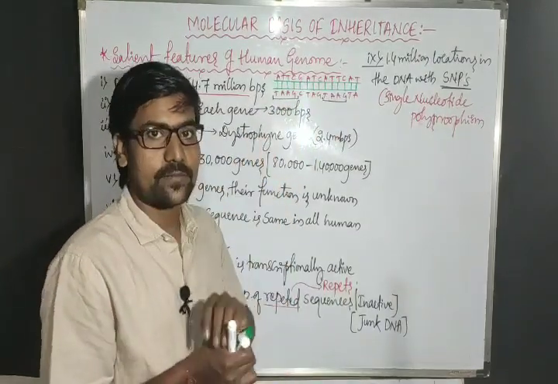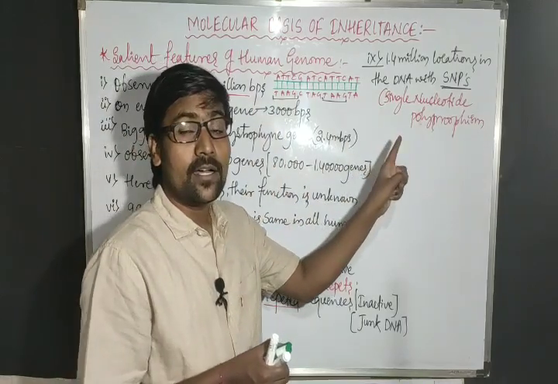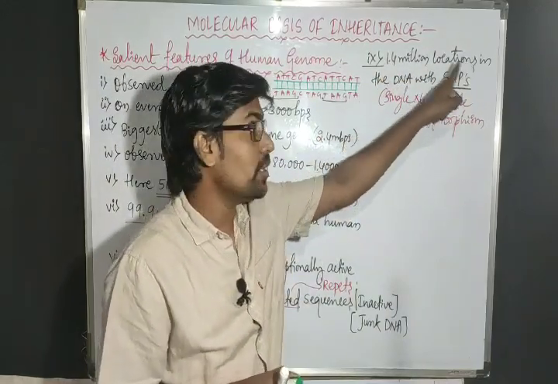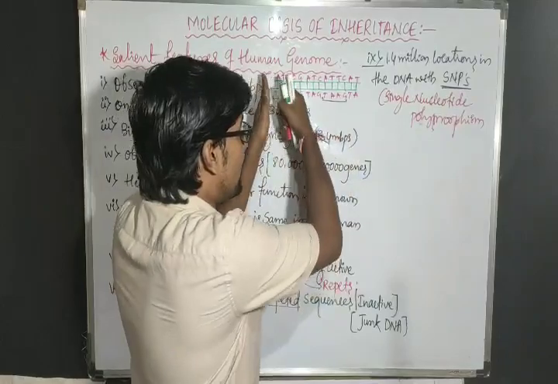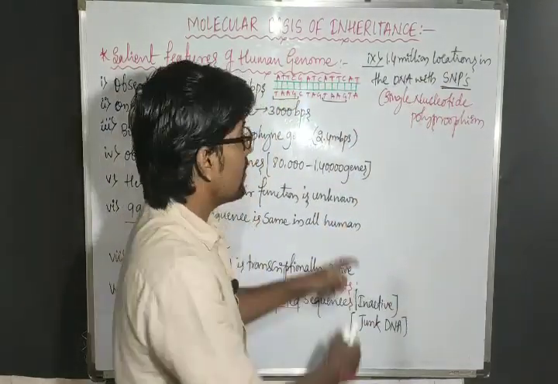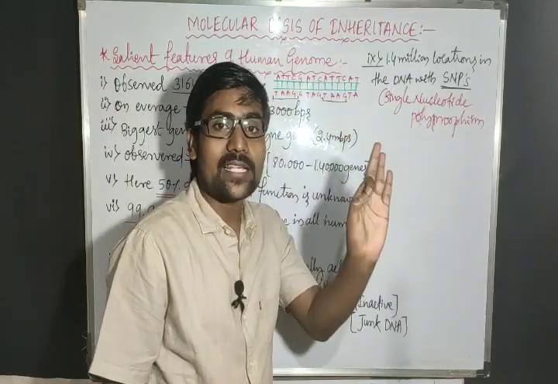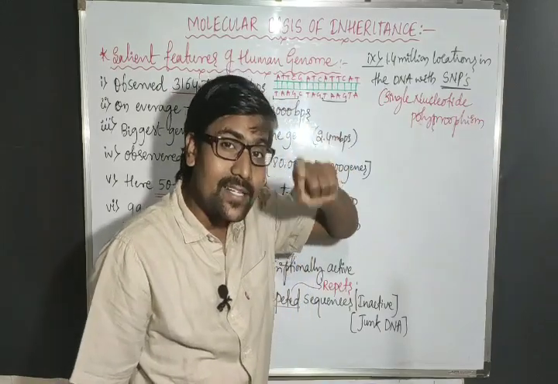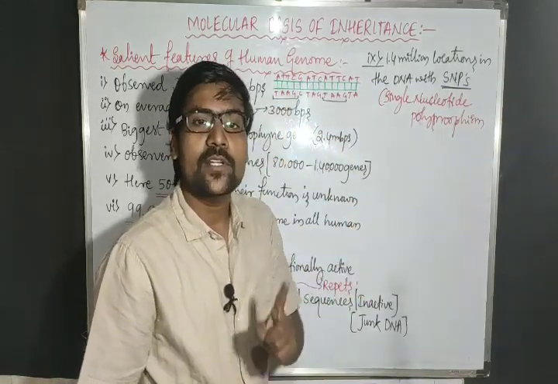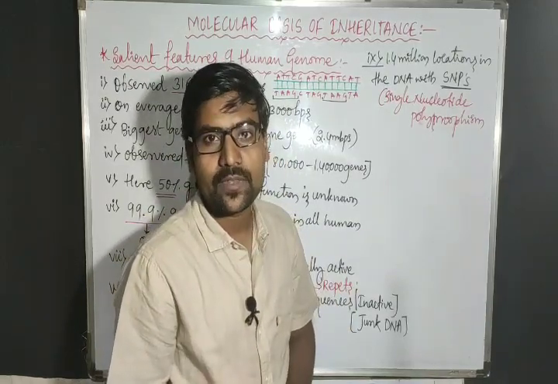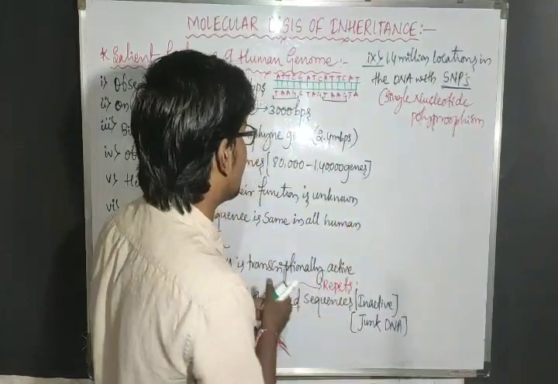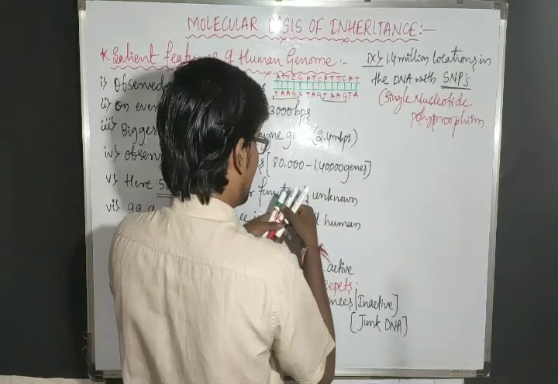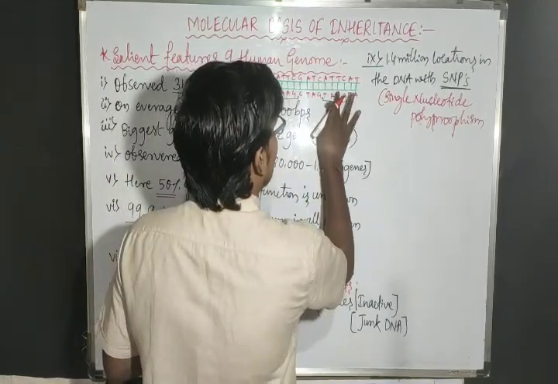How many times repeated? 2 times. Like that, how many times should it be repeated here? 1.4 million times. That means 1.4 million locations, that means 14 lakh times the same sequence should be repeated. So in that sequence, just one base pair is changing. Say for example, TAAG. Now the sequence is like this. TAACG is there here.